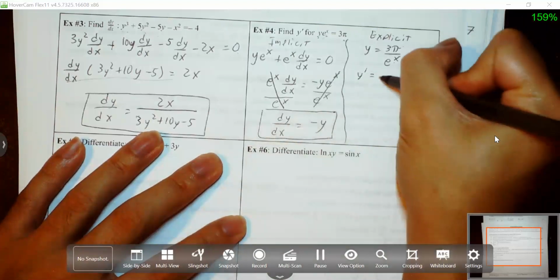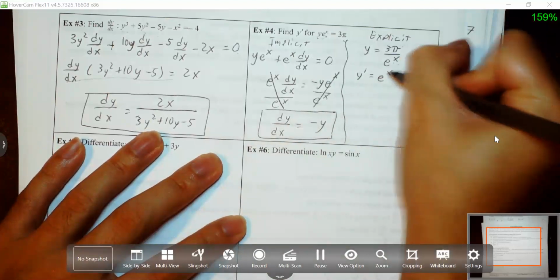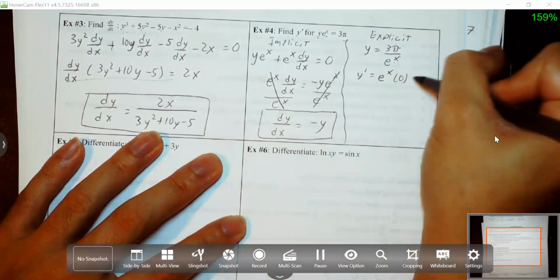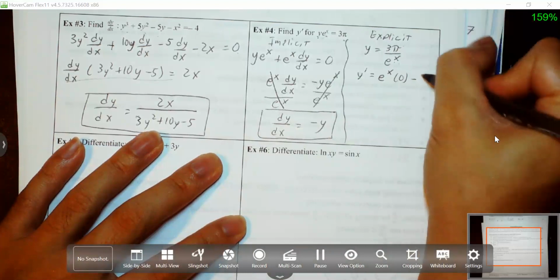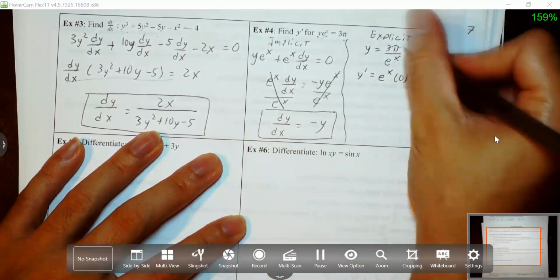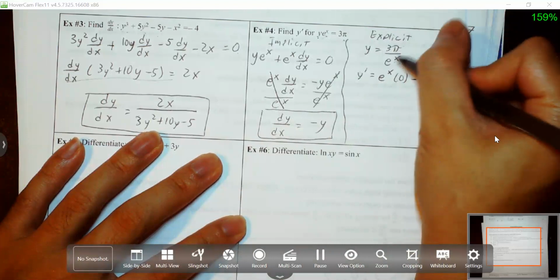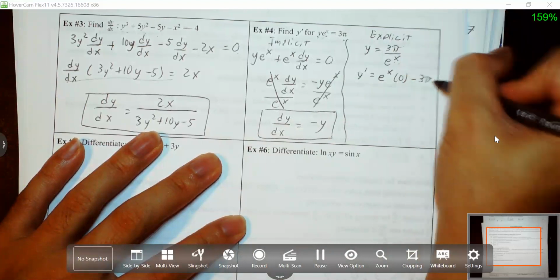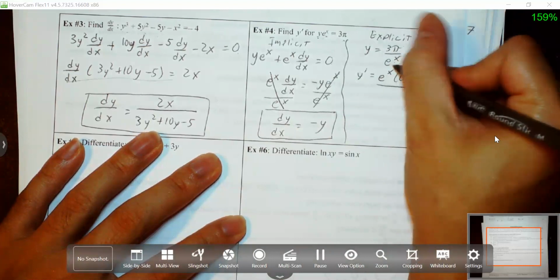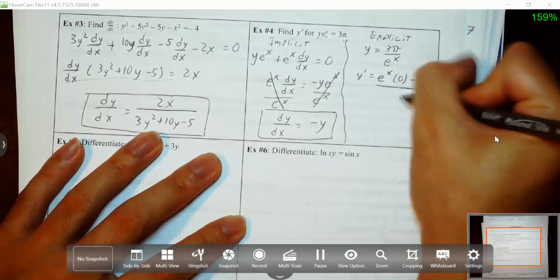So the bottom times the derivative of the top is 0, minus the top times the derivative of the bottom. So the top is 3 pi. The derivative of e to the x is e to the x, all over the bottom squared. So if I square e to the x, it's e to the 2x.